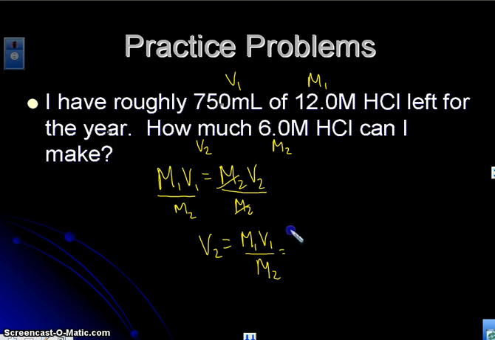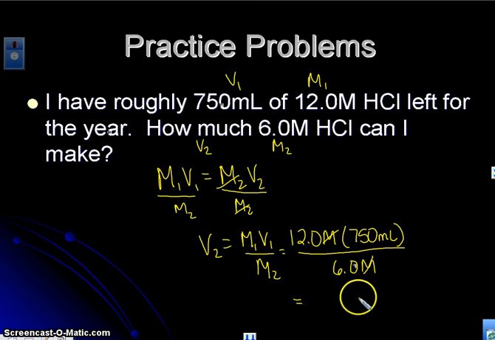Here I have 12.0 molar, and I have 750 milliliters, and then I'm dividing by 6.0 molar. Again, my molarities cancel. They leave me with a unit of milliliters. And when I do my math, I find that I can make 1,500 milliliters of solution. 2 sig figs in my answer.